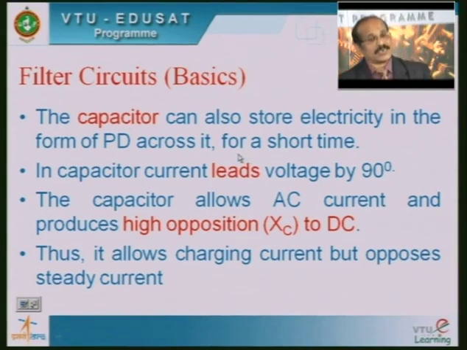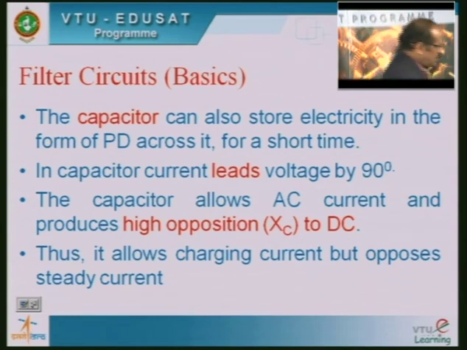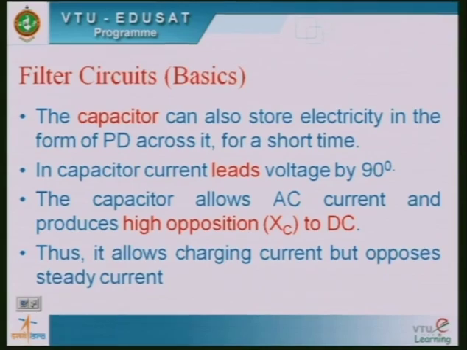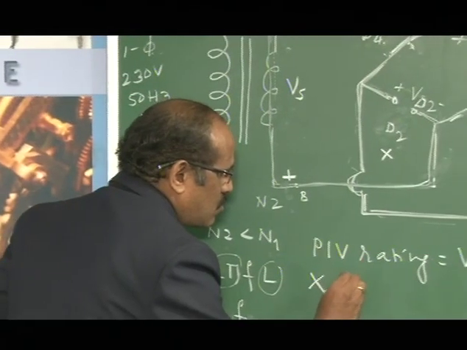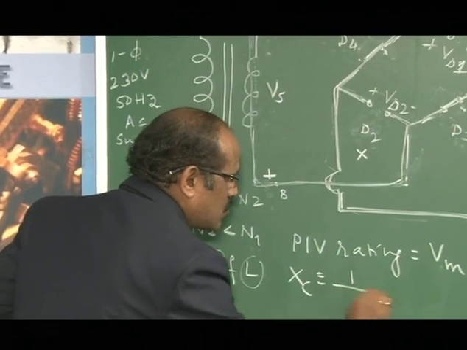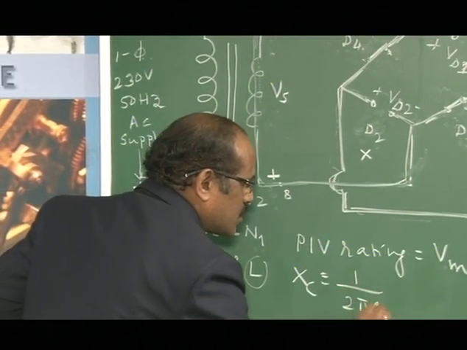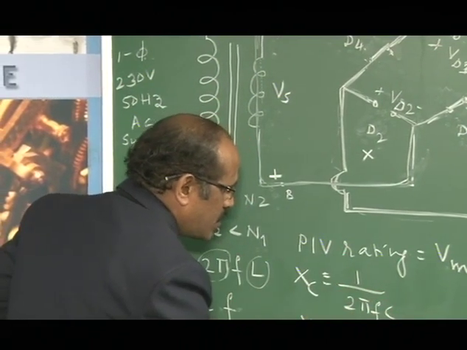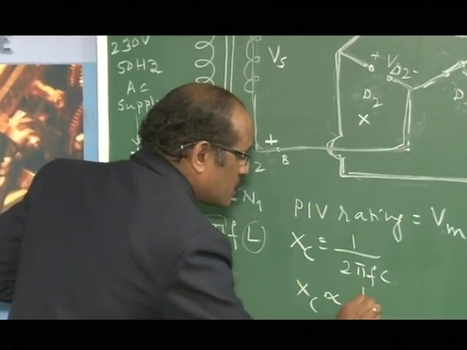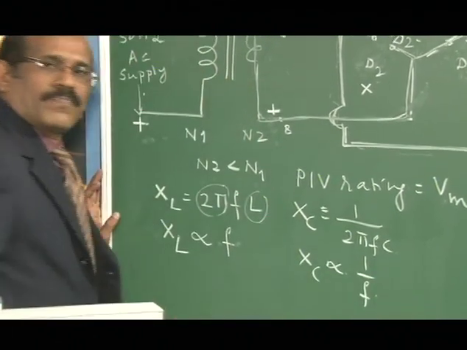Unlike the inductor, the capacitor current leads the voltage by 90 degrees, and therefore the capacitor allows AC current but produces high opposition to DC. As you know, friends, XC, the capacitive reactance, is equal to 1 by 2 pi FC. From this we can note that XC is inversely proportional to the frequency.